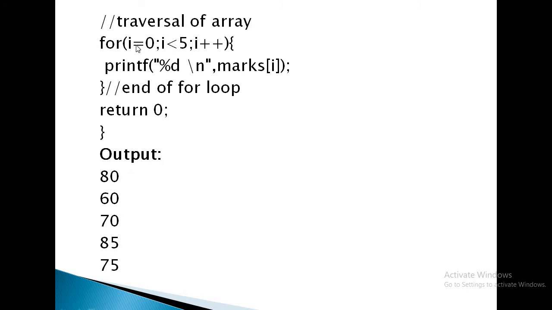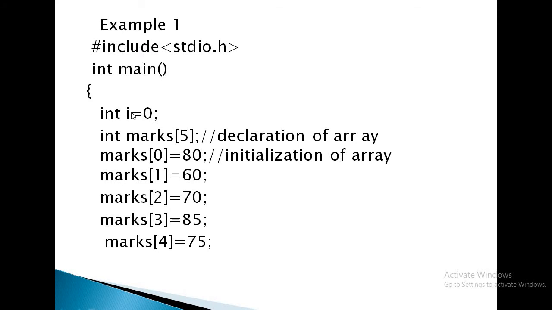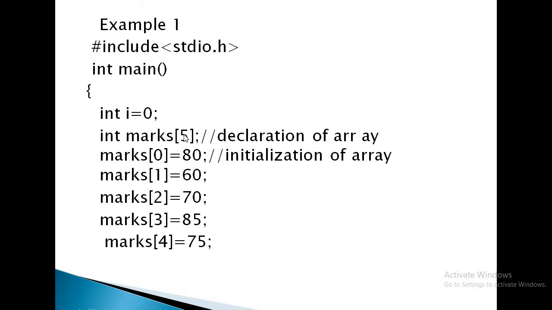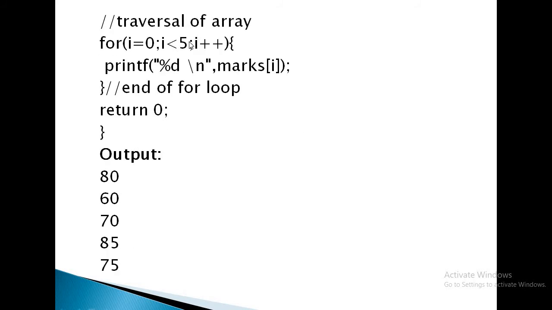And then we are using the for loop. Initially you declared int i equal to 0, so in the for loop i equal to 0, i less than 5, because our total array size is 5, and then i plus plus. So the i value starts with 0.